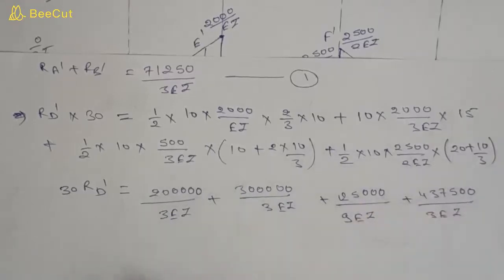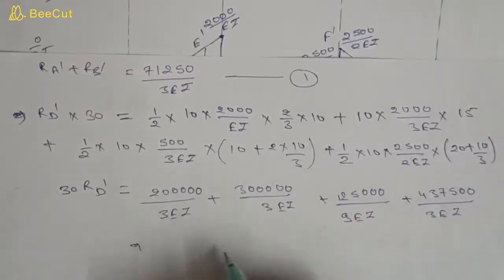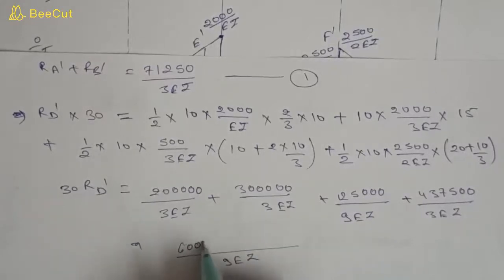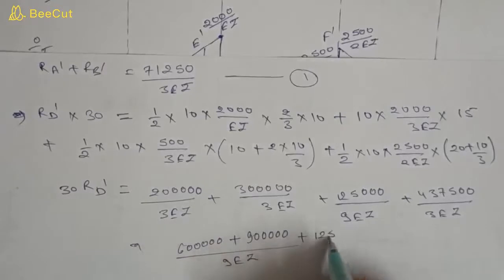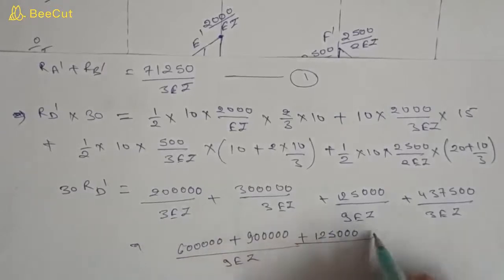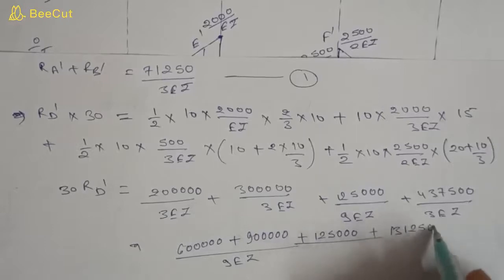So you will get 9 EI, and this will become 6 lakhs plus 9 lakhs plus 125,000 plus 1,312,500.